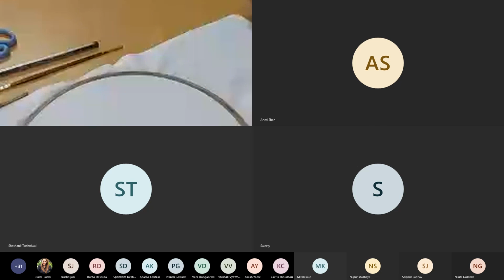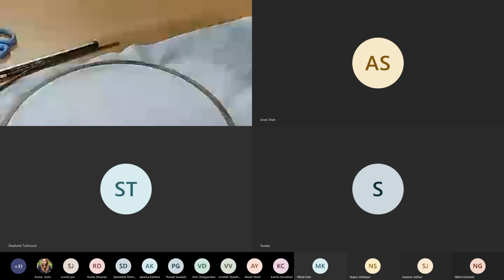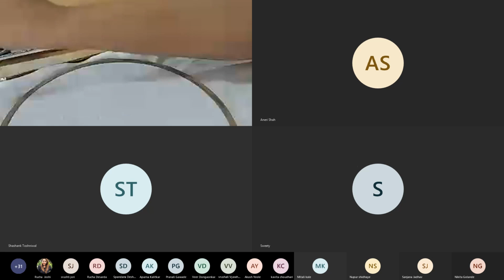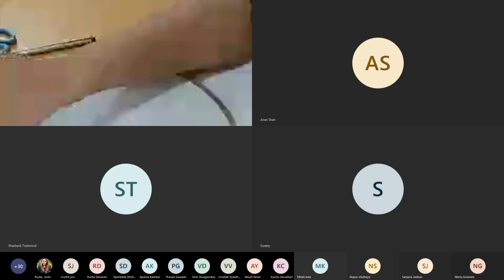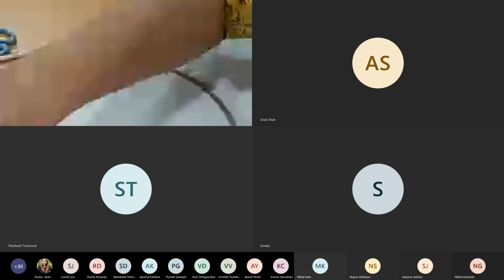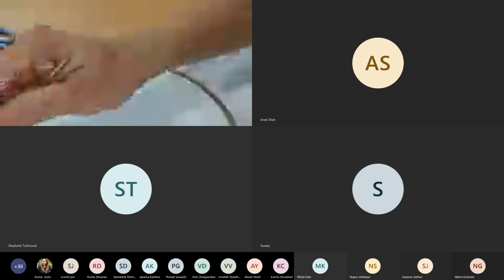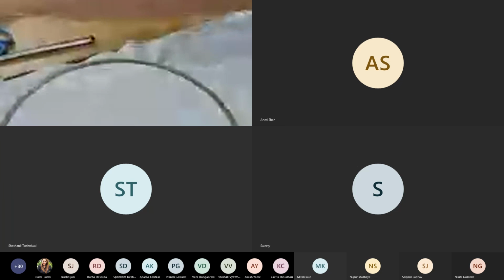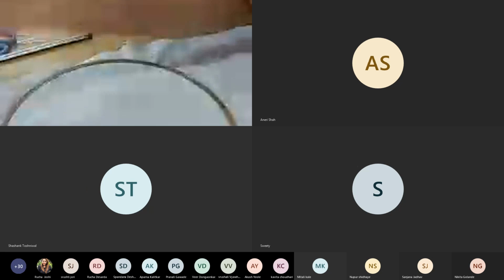So this is another abstract way of filling. So now I'm going to use another 000 brush over here.